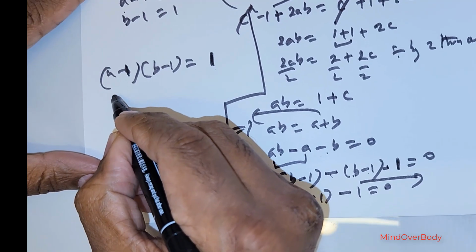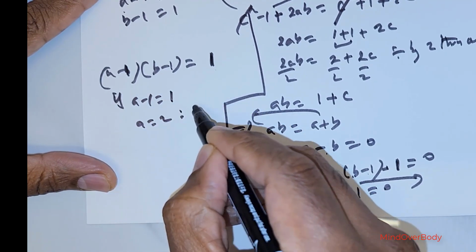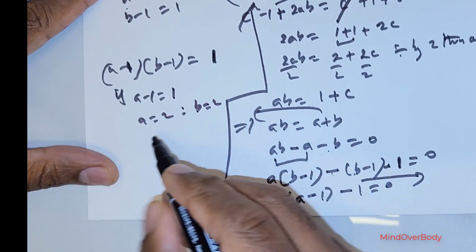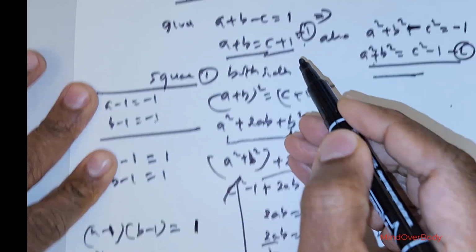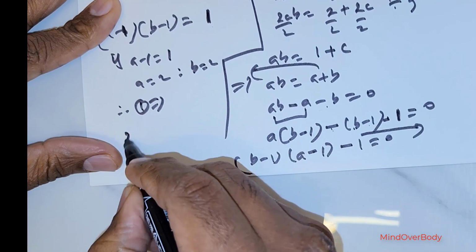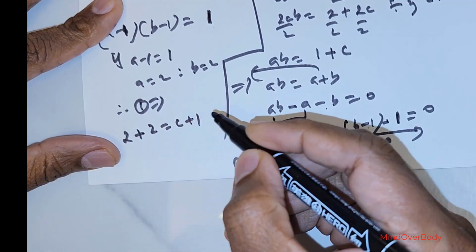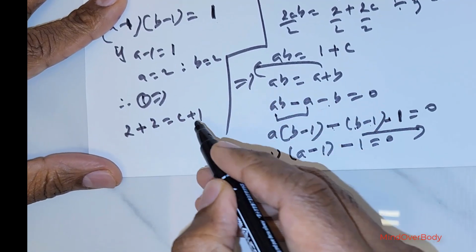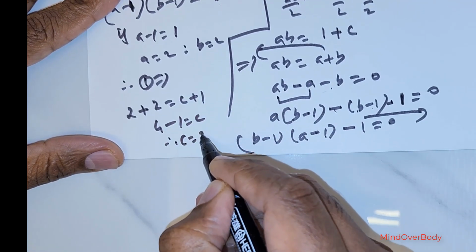Let me write this down. If a - 1 = 1, then a = 2 and b = 2. So therefore 1 can be rewritten as: a is 2, b is 2, and on the right hand side I have c + 1. So this is 4 - 1 = c, therefore c = 3.